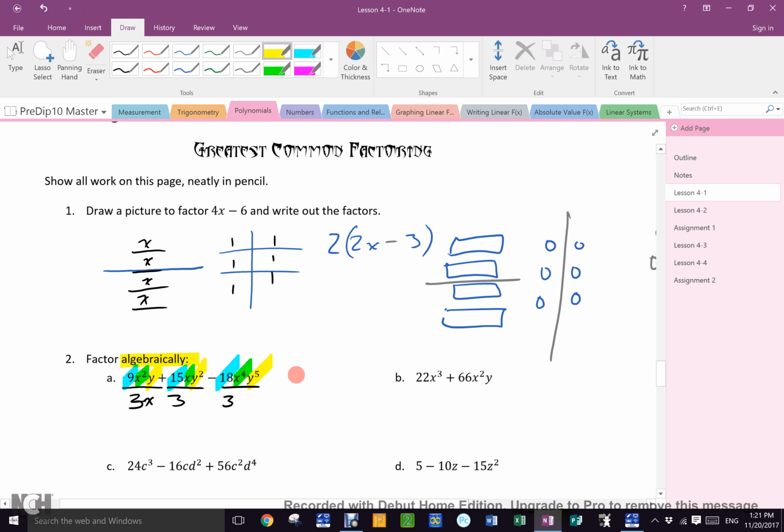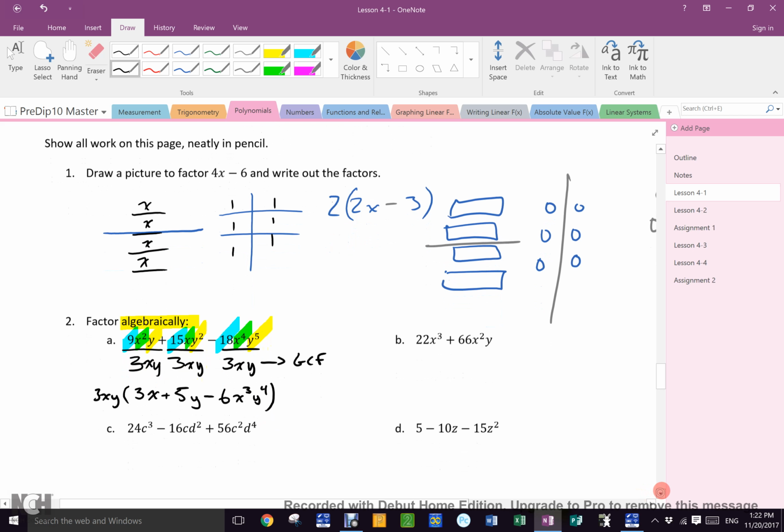What is the maximum amount of Y's that will come out of there? 1. Just 1. And then, once we have decided on our GCF, of course, we write it as GCF, 3xy, and then 3x plus 5y minus 6x cubed y to the 4th. Everybody remembers, yes? Excellent.